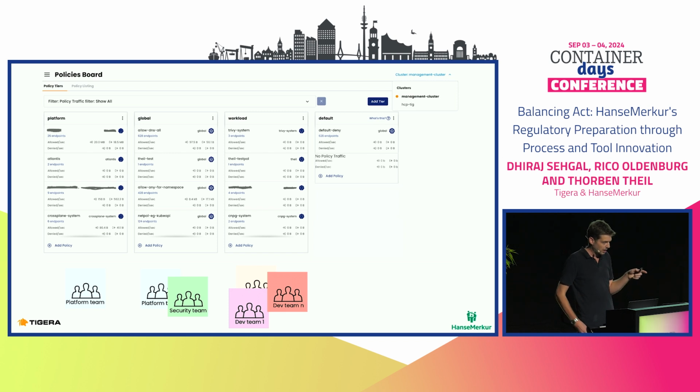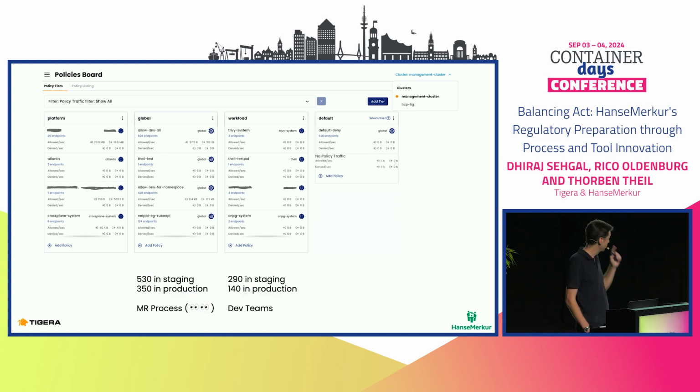Now let's see how the global and the workload tier play together. First, some real-world numbers. We have a lot of network policies in the cluster, and what you notice here is we have in the staging cluster about twice as many policies as in production. That's because there are usually 2 stages of applications in the staging cluster.